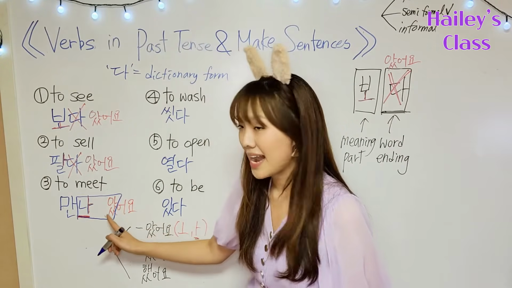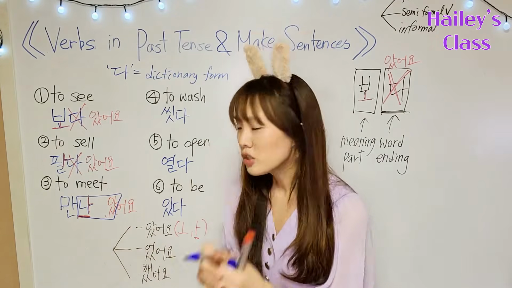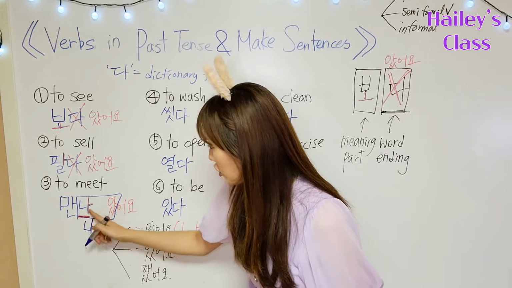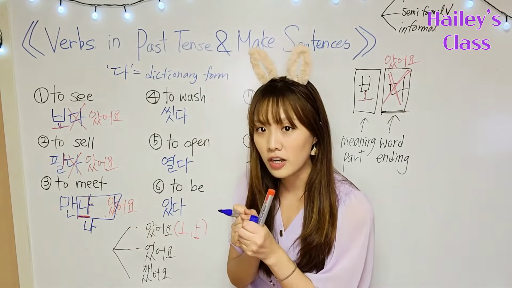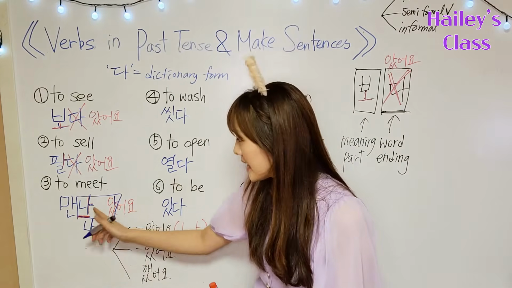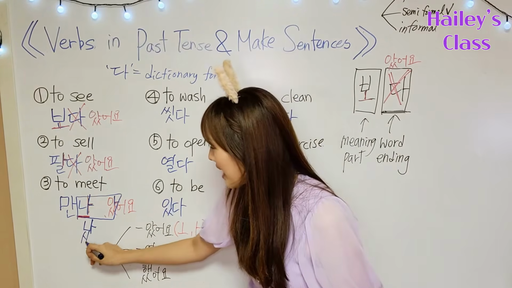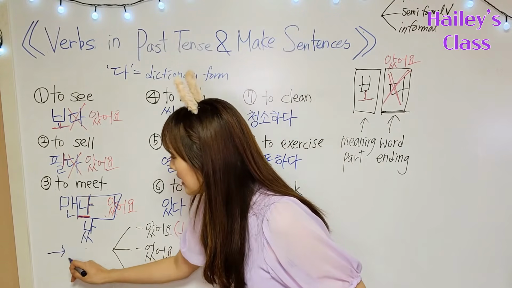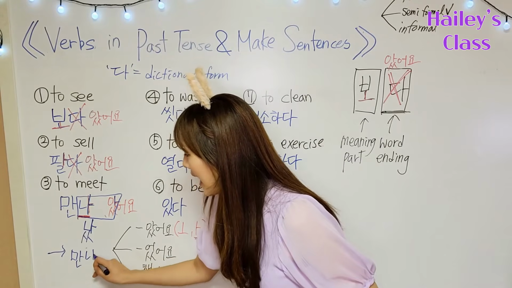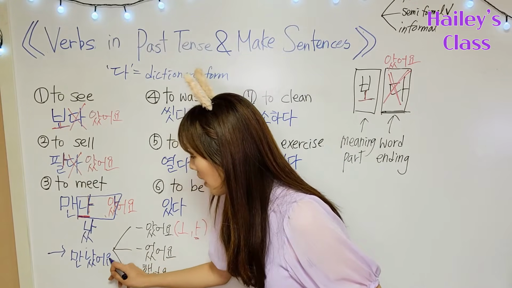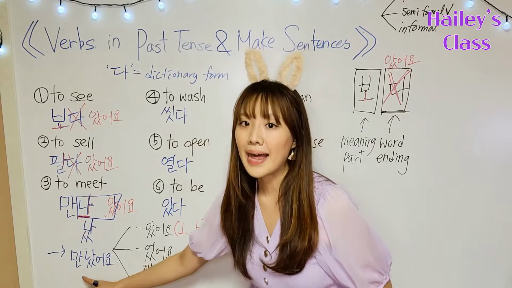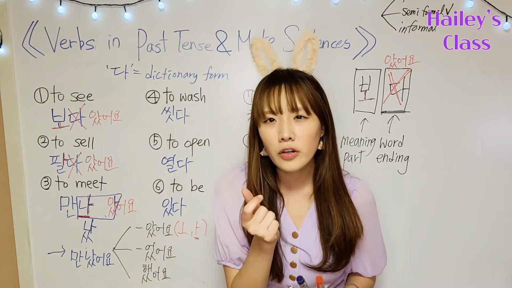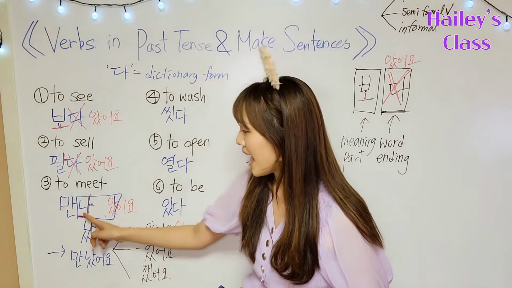There is 나 and 았. They combine together, and they become 났. So actually, this is 만났어요. Got this?